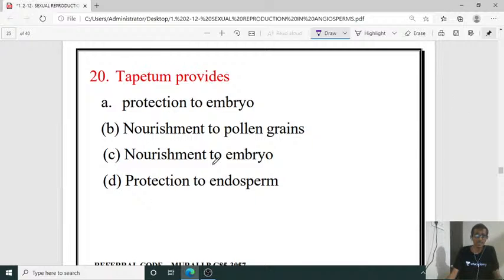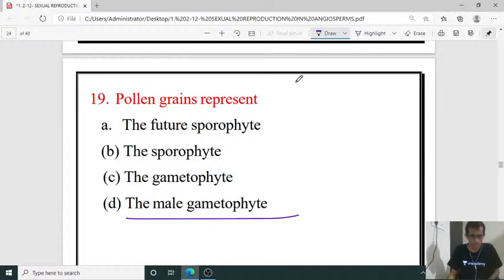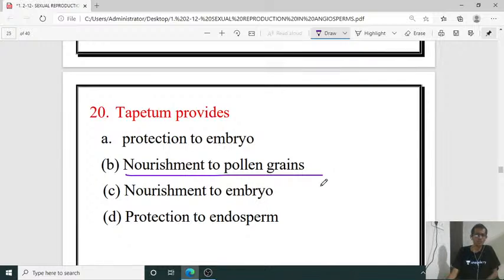Nourishment to the pollen grains. That is the right answer. Yes, Divesh, for the 19th question you are right, D is the right answer. And for the 20th question, tapetum provides what? The right answer is B, nourishment to pollen grains.